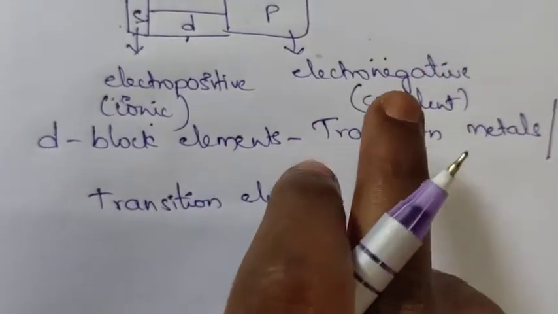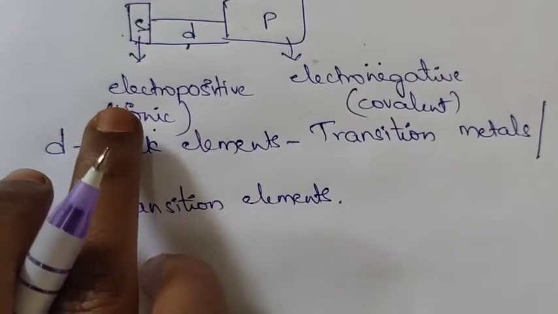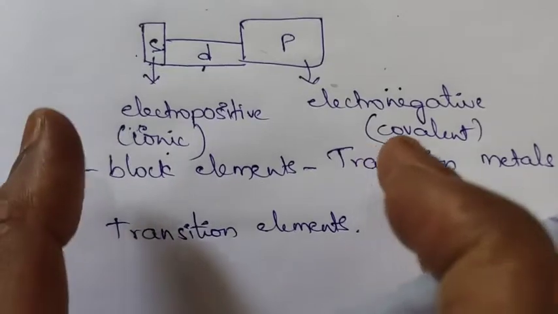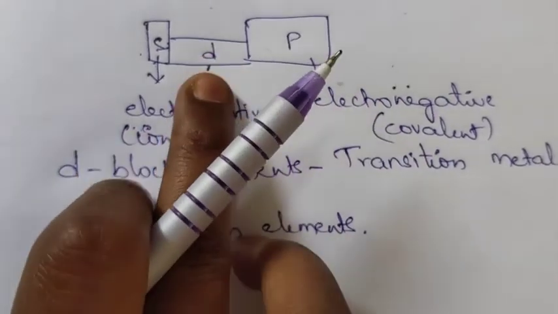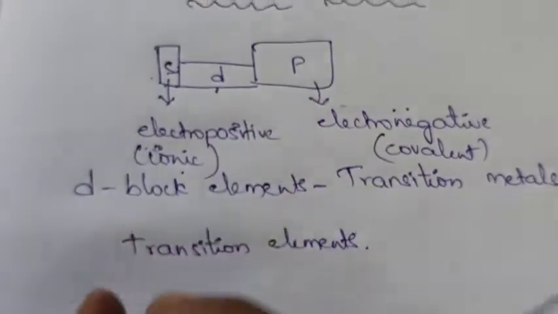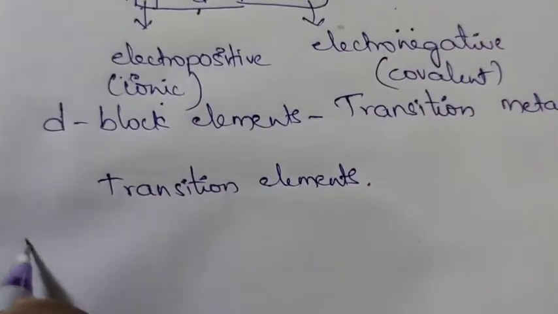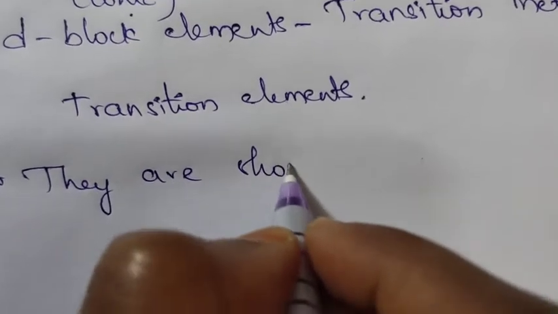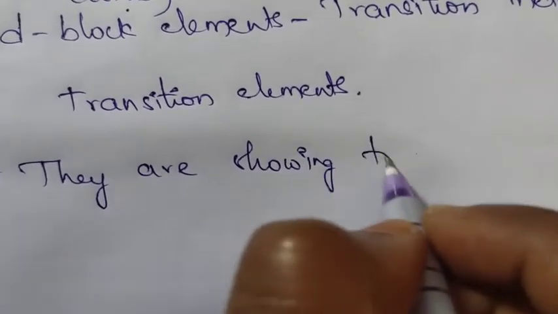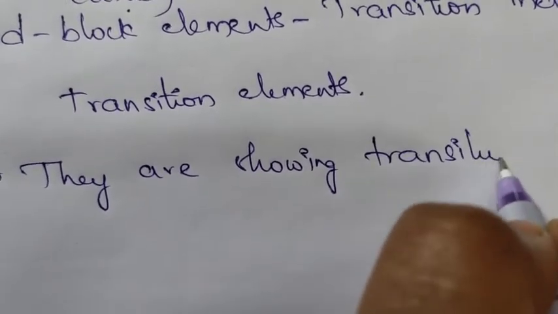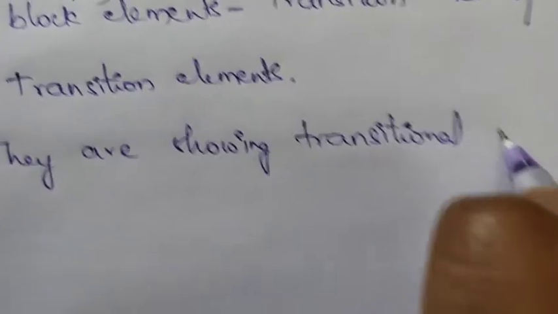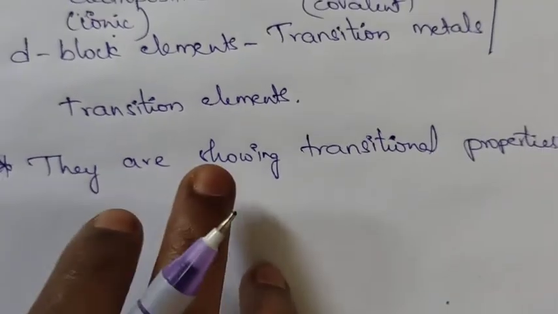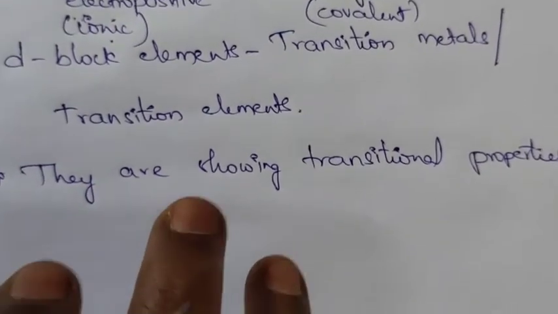In between these two, the D block elements show transitional properties. That's why we are calling these transition metals.